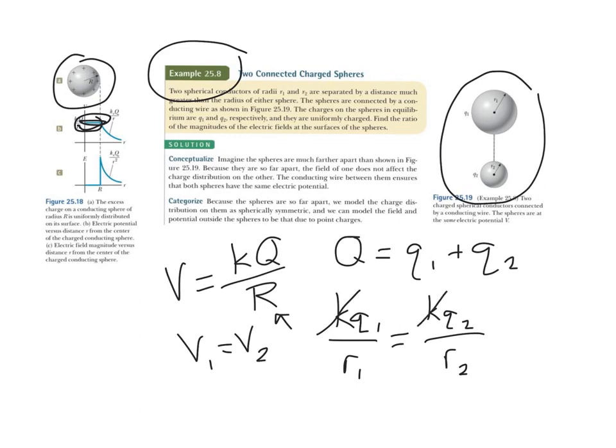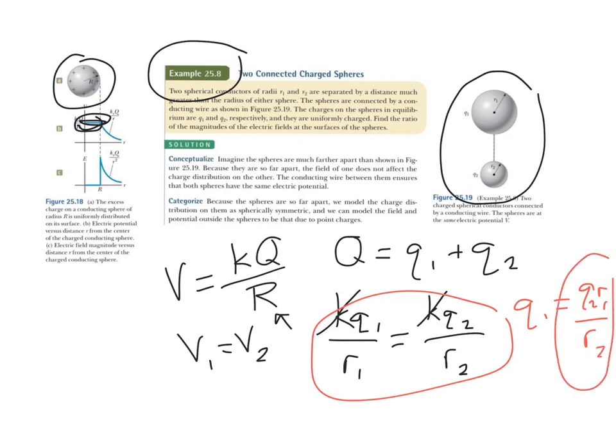You would say Q1 and Q2 are a ratio based on the radii, so Q1 equals Q2 times R1 over R2. If we have numbers, we could sub that in here, and now we only have Q2 that we don't know.